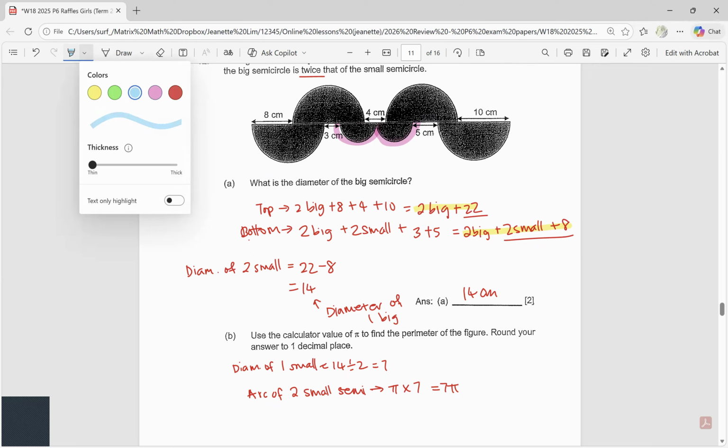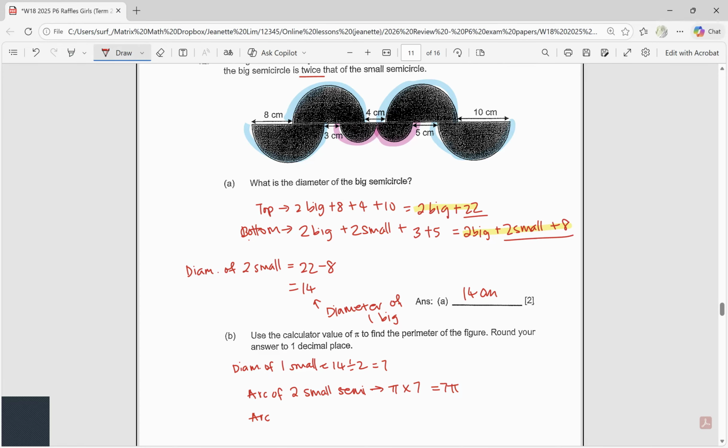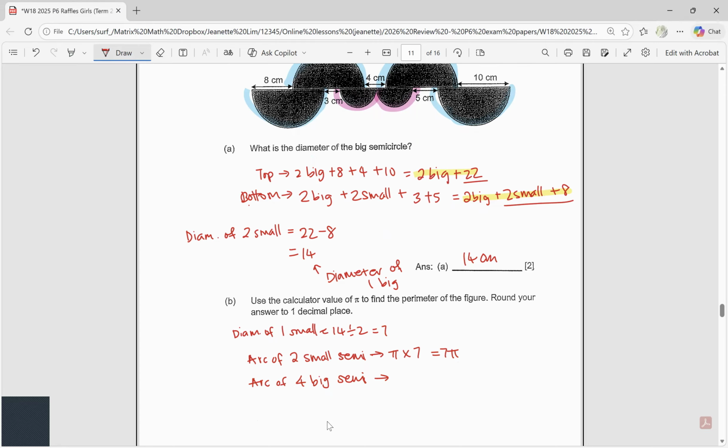That's the two pink ones. Then we also have the arcs of the bigger semicircles. So 1, 2, 3, and 4. So the arc of 4 big semicircles. 4 big semicircles is the same as 2 full circles.